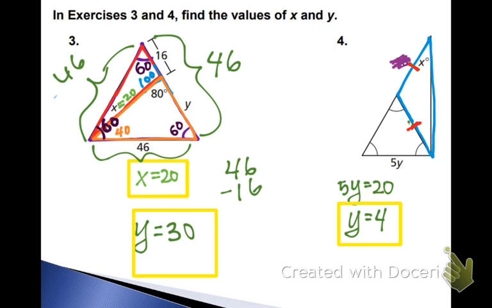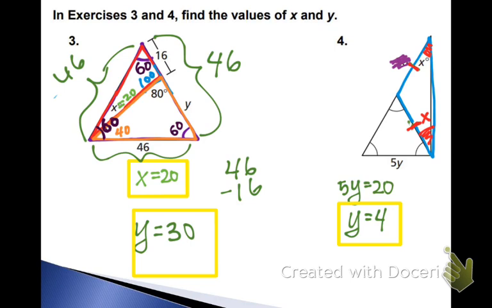So what 2 angles will be congruent? This x will be congruent, right? Because it's across from one of my congruent sides. And then this blank corner will also be x, because these 2 angles are congruent. They're the same measure. So if this one is x, this one is also x.